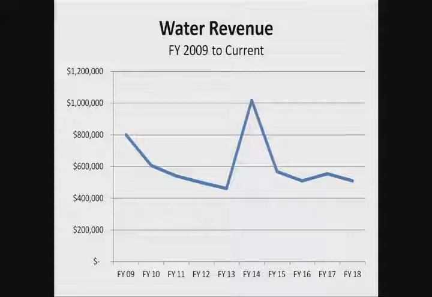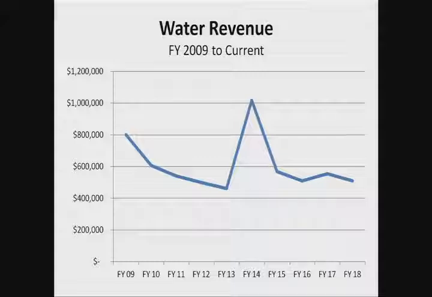The biggest reason for that is people are just consuming less water within town. A couple of our larger customers here in town have had a plan to try to use less water. So this is based on the trends that we've had the last few years.